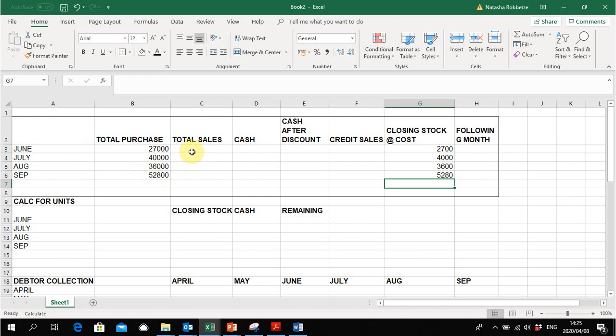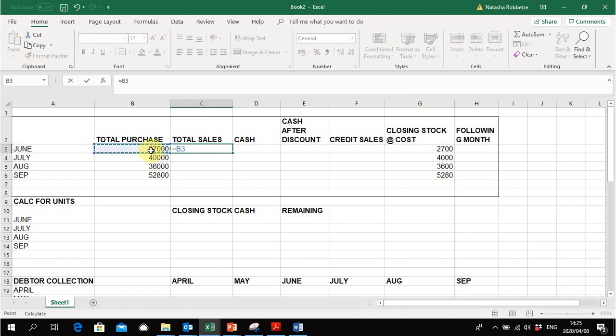So I will say here that the total purchase was 27,000. I need to have a markup of 50%, so I will times it by 1.5, or you can also say times 150 over 100. Then I'm going to multiply it by 90%, because the other 10% that is not sold is contained under the closing stock here.